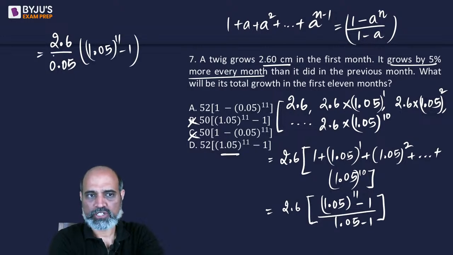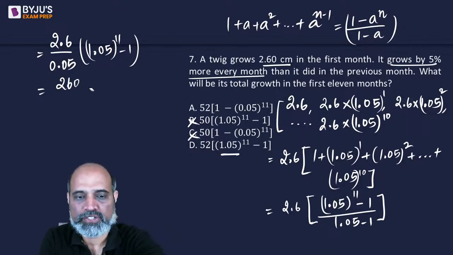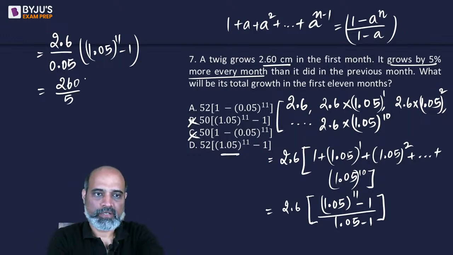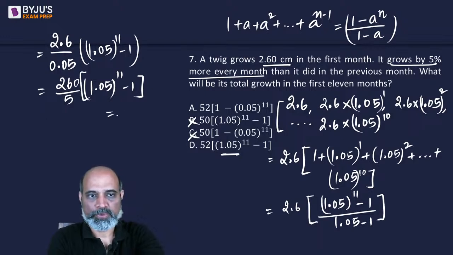हमें आंसर ऑलरेडी आ चुका है. I'm just simplifying to show you. एक ही जीरो जाएगा, कि how will this result in the option. 260 by 5 is 52, और ये हो जाएगा 1.05 whole to the power 11 minus 1.